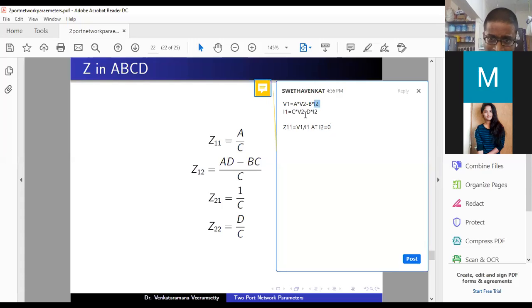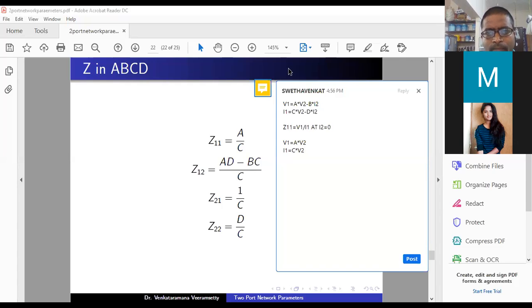Then these two equations become V1 equal to A multiplied with V2, since I2 is 0, so this term becomes 0. And I1 equal to C multiplied with V2, whereas I2 equal to 0, so this term is again 0, right?